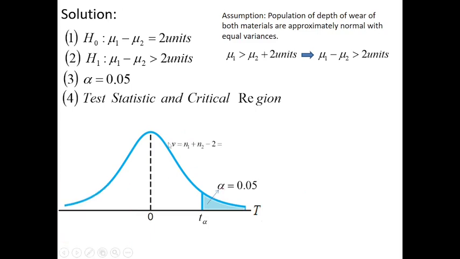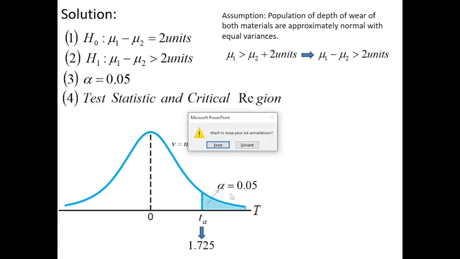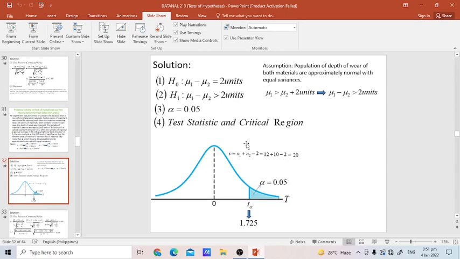So we compute the total number of degrees of freedom. We have 12 for sample 1, 10 for sample 2, minus 2. We get 20. Using table 8.4, we will get the t-value of 1.725. Let's verify if it is 1.725 or not.